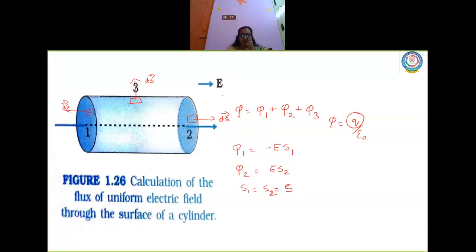So when you apply Gauss law, you need to go for the Gaussian surface, which is very, very important. Okay, and the Gaussian surface helps us to calculate the value of electrostatic field, and Gauss law is based on Coulomb's law also.